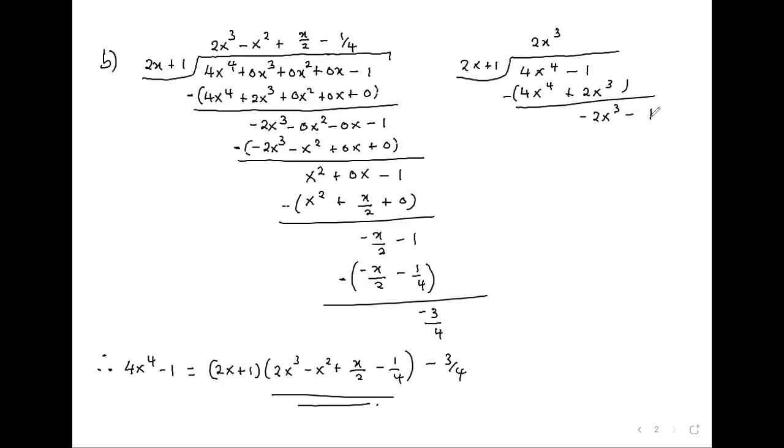And then divide, you get minus x squared. Multiply, negative 2x^3 minus x squared. Subtract again, you get a 0 on the first one, and then you get x squared minus 1. Then divide, that's how you get now x over 2.